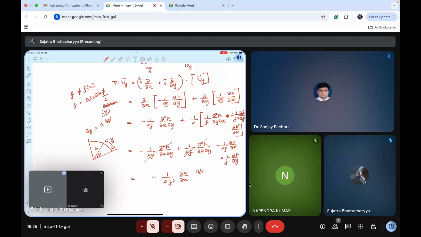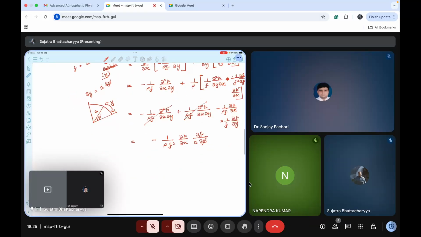Angle is equal to arc upon radius, so you can write a delta phi. So minus 1 upon rho f square delta p delta f, and delta f upon a can be written using f equal to 2 omega sine phi, differentiated with respect to phi.